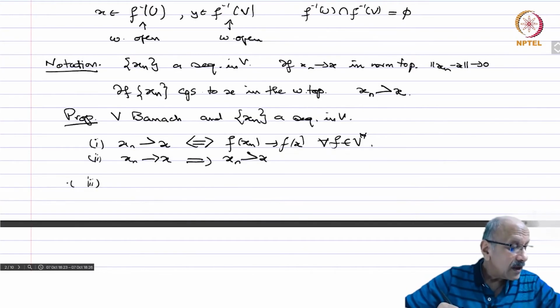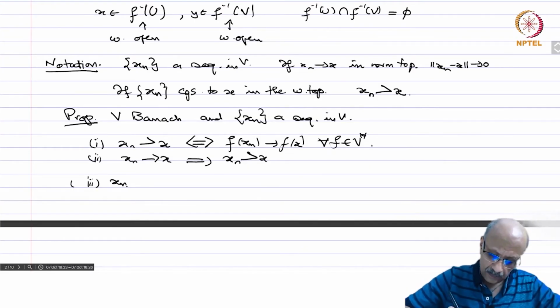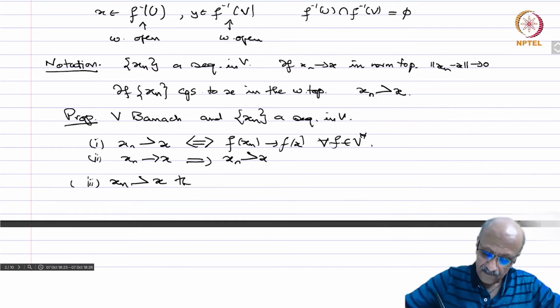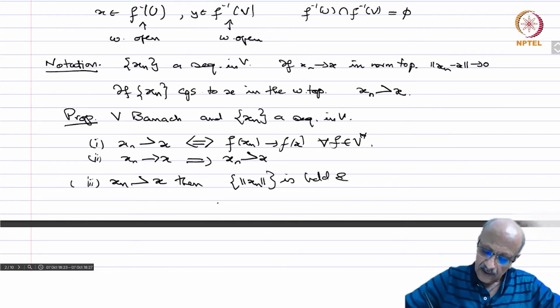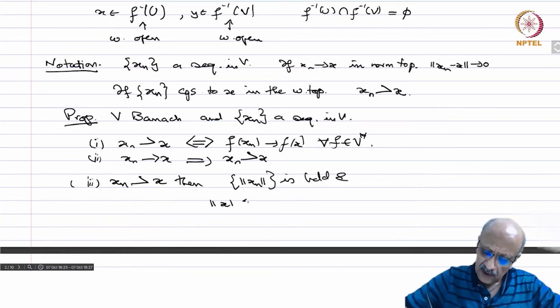3. If x_n converges to x weakly, then ||x_n|| is bounded and ||x|| is less than or equal to lim inf as n tends to infinity of ||x_n||.